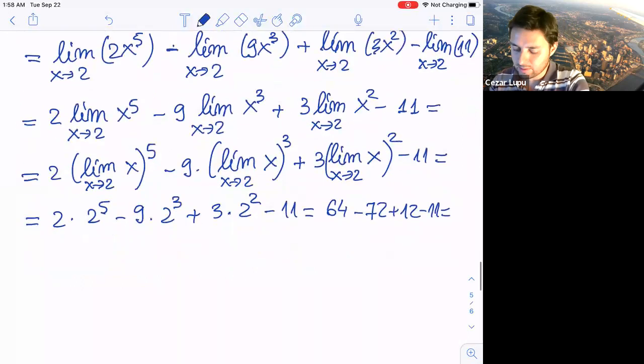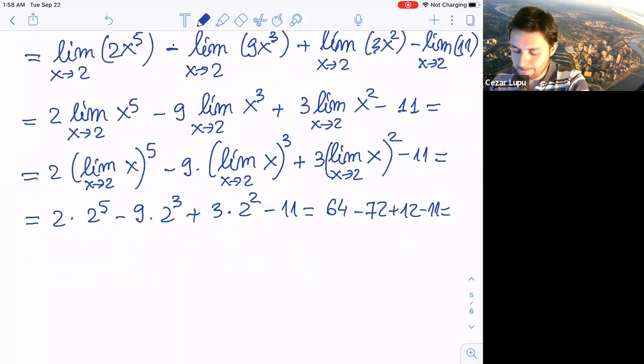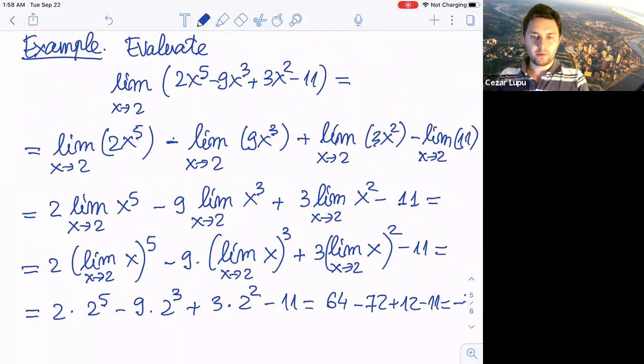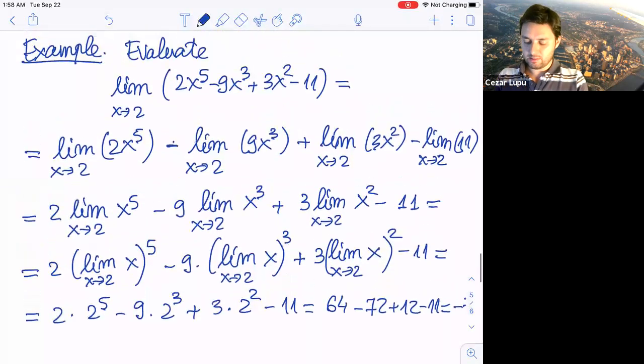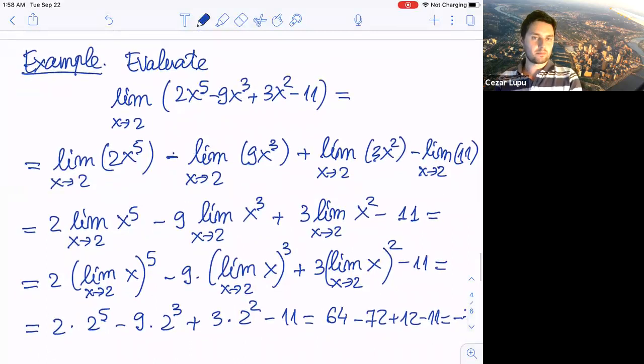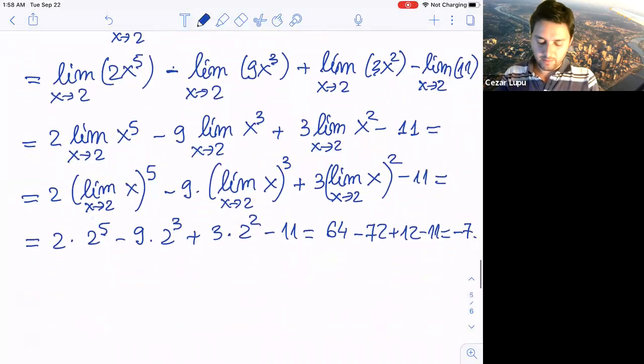And this will give us -7. Okay, so now you have seen an example. As you can see, it's the way you would expect this. So pretty straightforward.